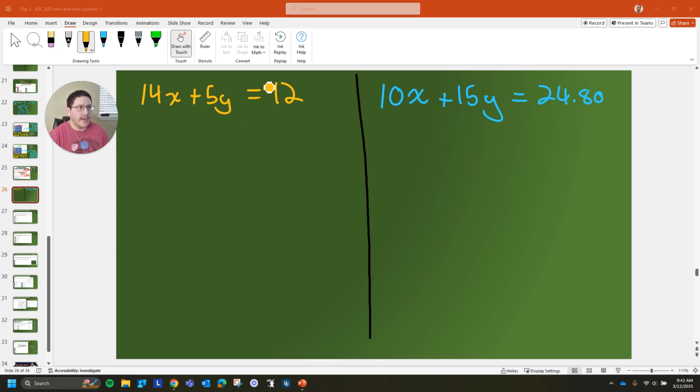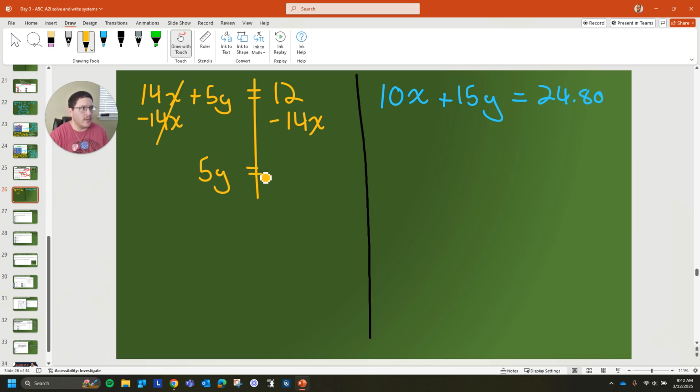Trying to get the y by itself, I subtract the 14x to the other side. I get 5y is equal to negative 14x plus 12.